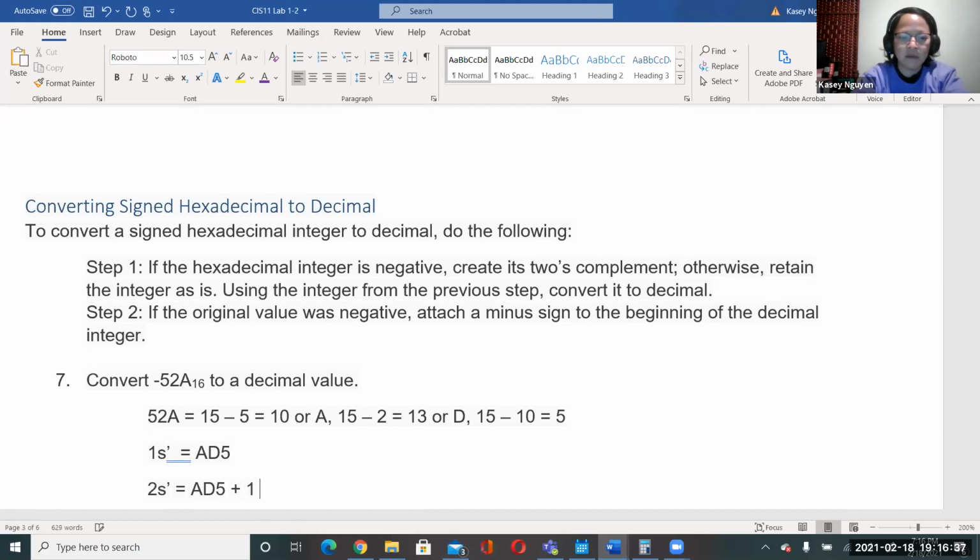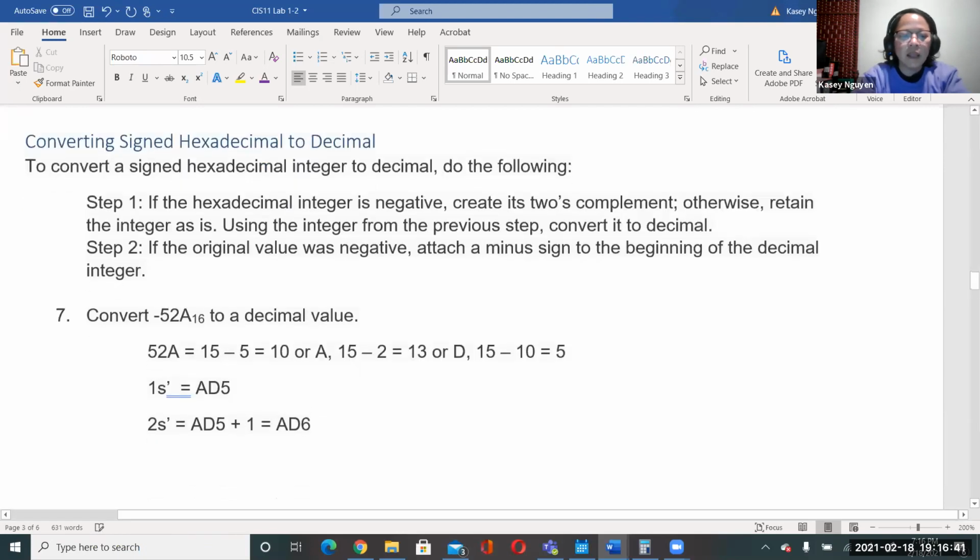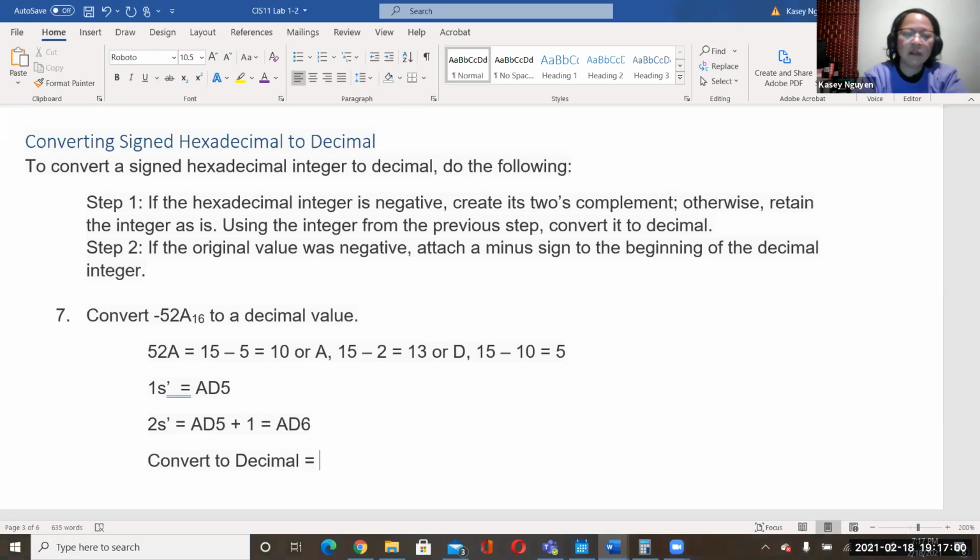Type it out, so AD6. And then we want to convert it to decimal. Then you would start with the 6, and then multiply it by 16 to the power of whatever, right? So 0, 1, 2. So I actually have it like this.